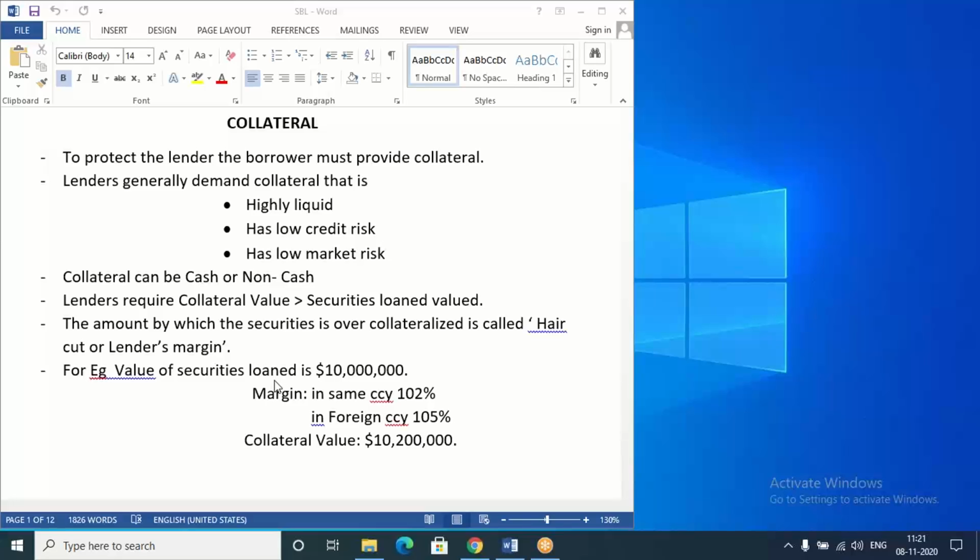Let me reiterate that. If the securities loaned are $10 million, but the borrower is giving euro cash, then he has to pay 10.5 million euros.